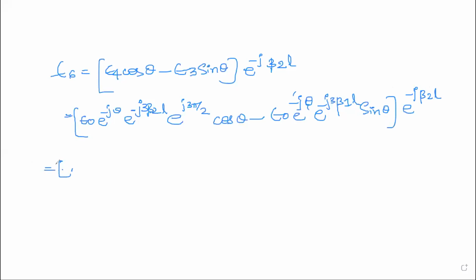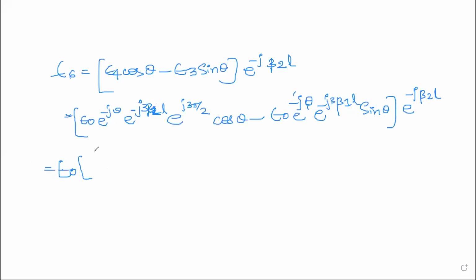Now again take the terms common. E naught you can take. Ma'am, in E4 it is beta 1L, no, ma'am? In E4 it is e to the power minus j 3 beta 1. Yeah, correct. This is beta 1.